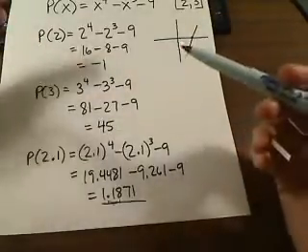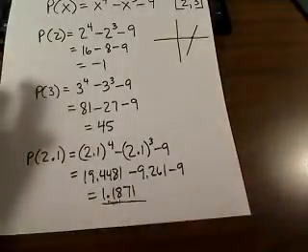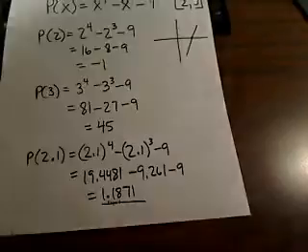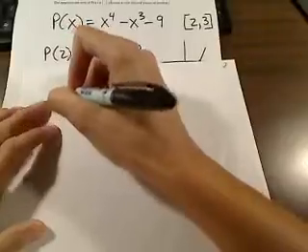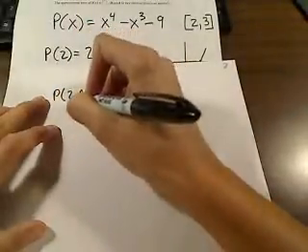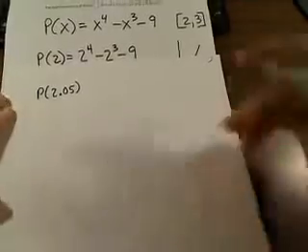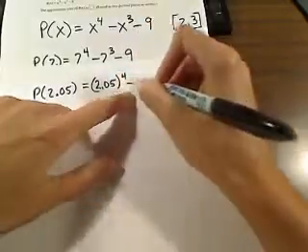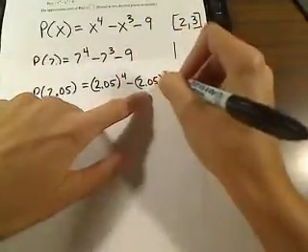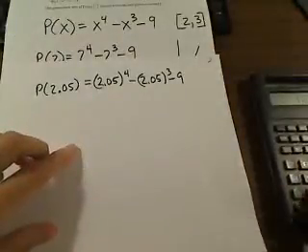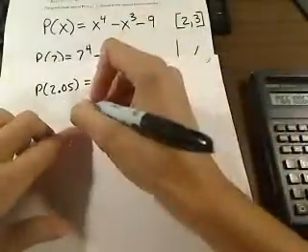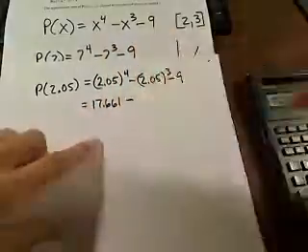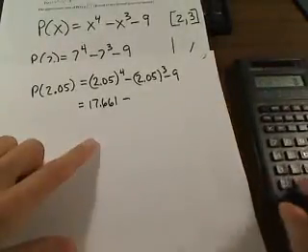So then again, I'm going to try p of 2.05. They did want us to approximate this to 2 decimal places. Okay, so if I plug this in, 2.05 to the fourth and to the third, we get, and this is quite a long number here, I'm going to go ahead and just approximate it, because we really need to see where we are in terms of sign.